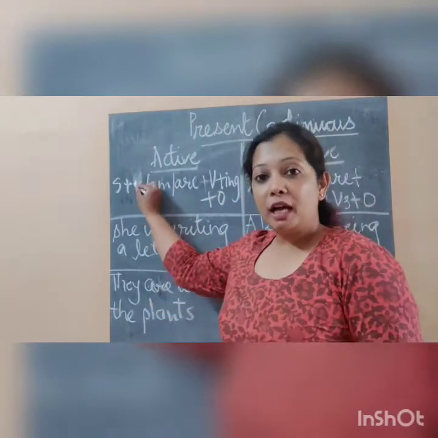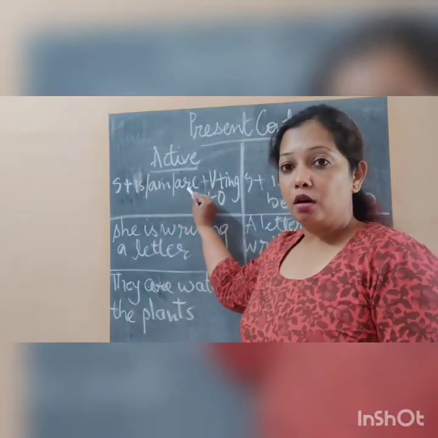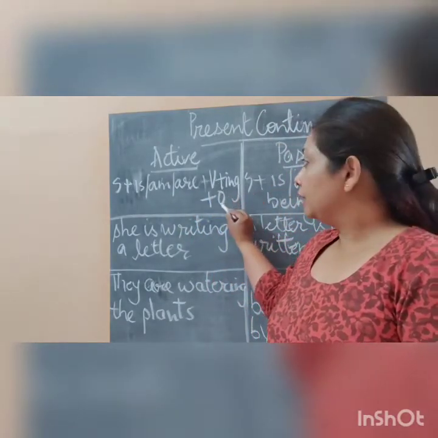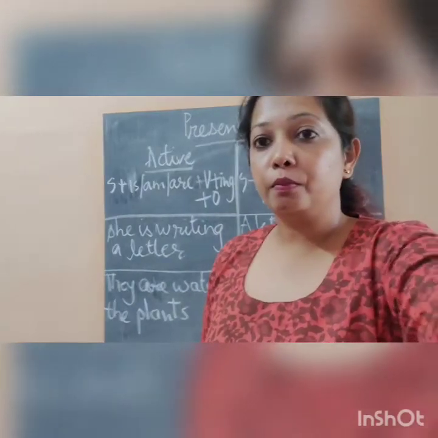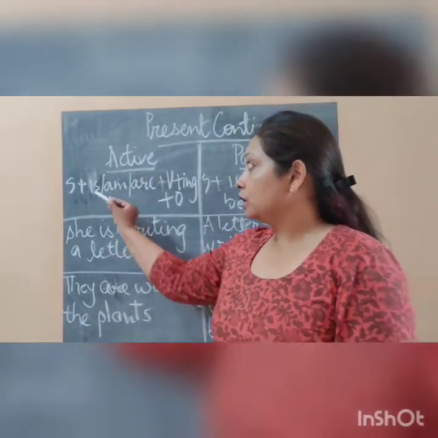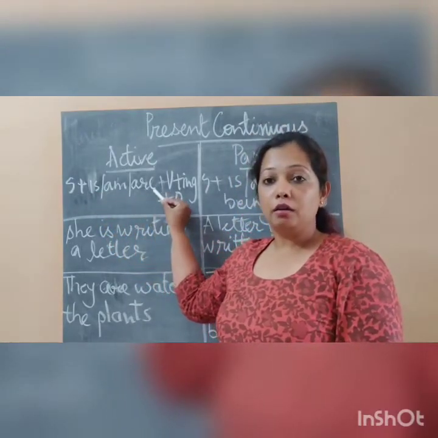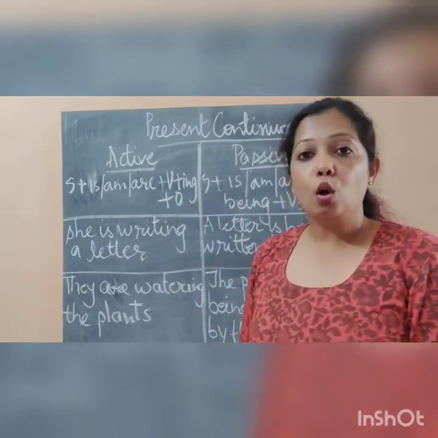We have the subject, we have is, am, are, we have verb plus ing, and we have object. So you just saw how it is. I'll just repeat it for you. That is subject plus is, am, are plus verb plus ing and object.